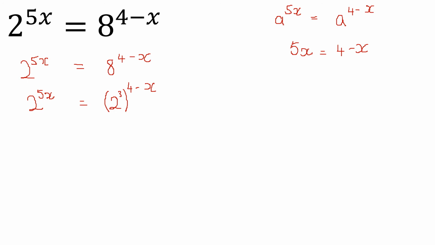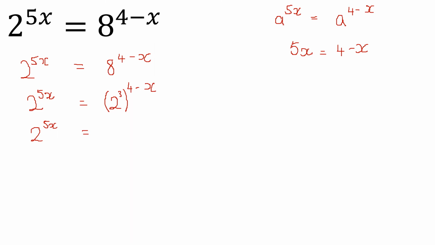So this is where we need to know the last 3 rules, rules 7, 8 and 9. This is actually rule 9. We've got an index being multiplied by an index. That just means that we can do 3 times 4 minus x. So we would have 2 to the power of 5x, which stays the same.